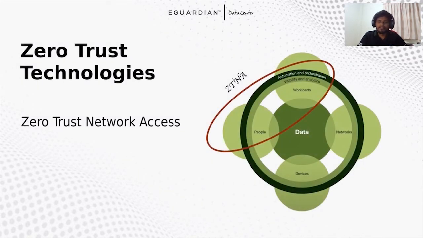And I have covered some of the different technologies of zero trust here. So one of them is zero trust network access, and that technology is about connecting people to workloads in a zero trust fashion. Zero trust network access is ZTNA. It enforces granular, adaptive, and context-aware policies.